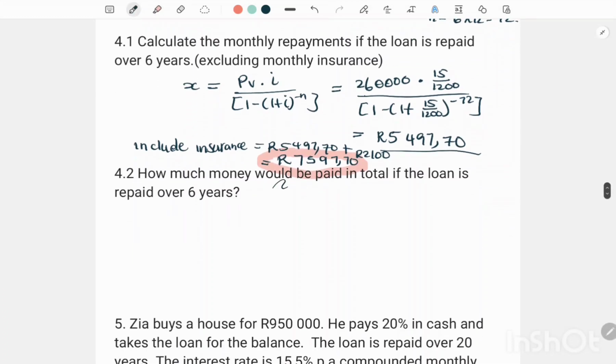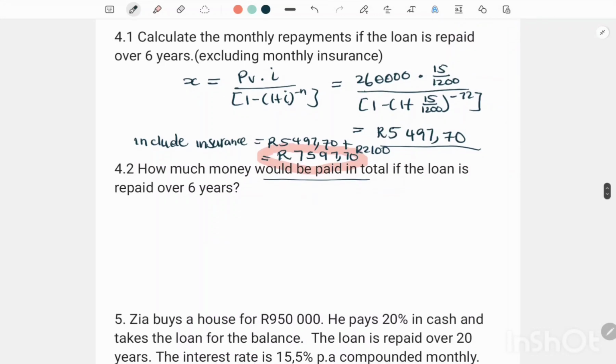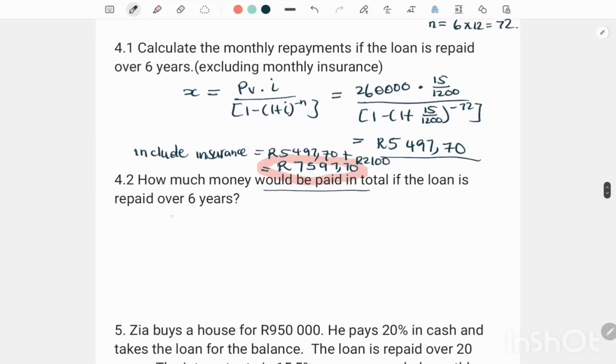Right, how much money would be paid in total? Remember I said if they ask you this question, we're just going to multiply the monthly payment with the period. So the total is going to be, let's use without insurance, because they said excluding insurance, 5,497.70 multiplied by how many payments? 72 payments.